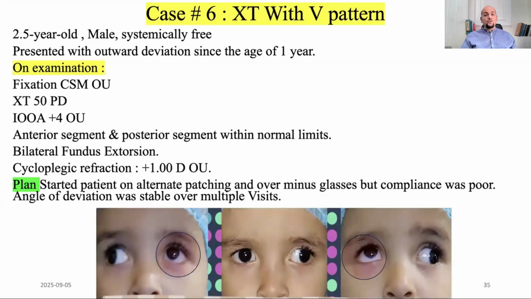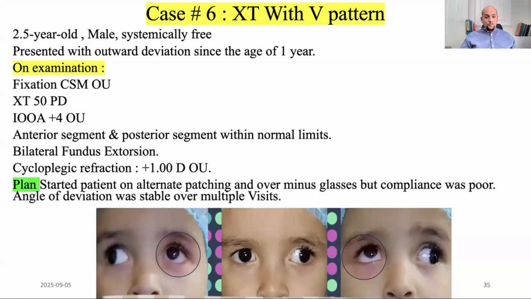So I did not give that +1. Actually, I gave the patient over minus glasses, and that is one of the ways that we can use in children with exotropia to try to push the surgery a bit late as a temporizing measure. In this patient I gave -1 diopter sphere over minus glasses, and also I started the patient on alternate patching.